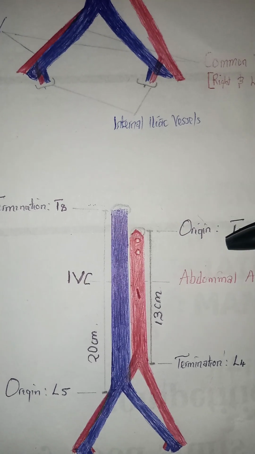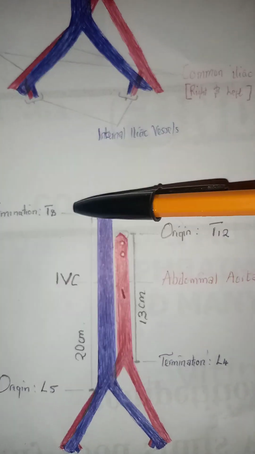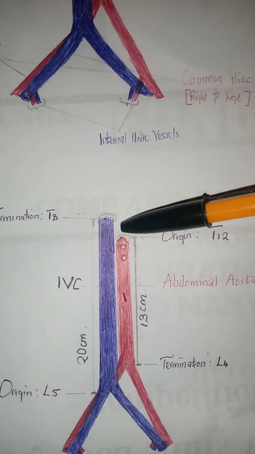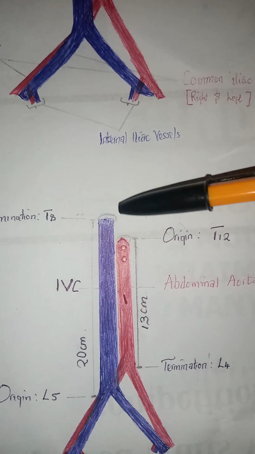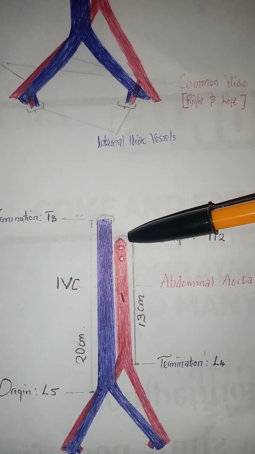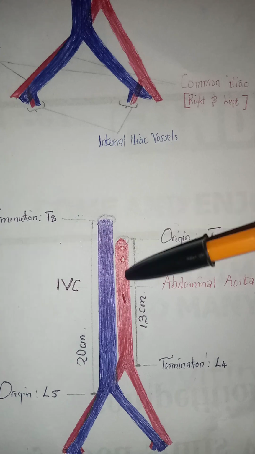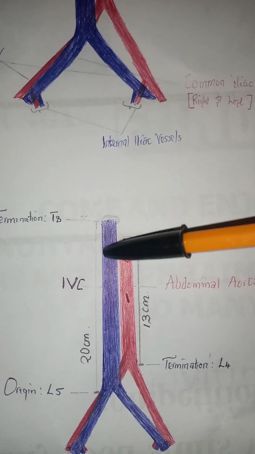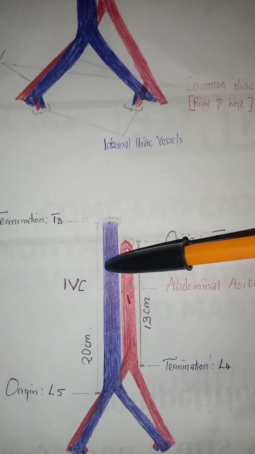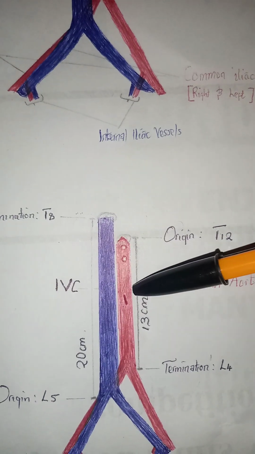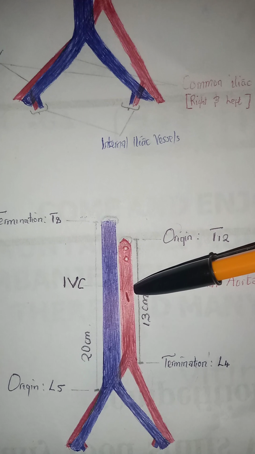So if you subtract 12 minus 8, you find that you have 4 vertebral levels superior to the origin of the abdominal aorta. So that's the inferior vena cava. It is about 7 centimeters longer than the abdominal aorta.